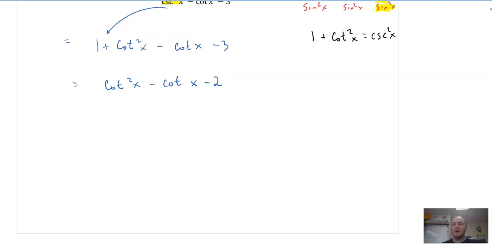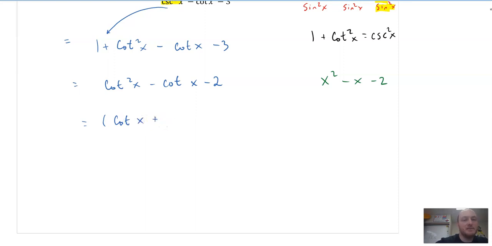And hey, now I can treat it like a quadratic trinomial structure. This is the same thing as x squared minus x minus 2, so we can factor it as such. That would be x plus 1, x minus, see, I switched it in my head. Not x, it's cotangent.